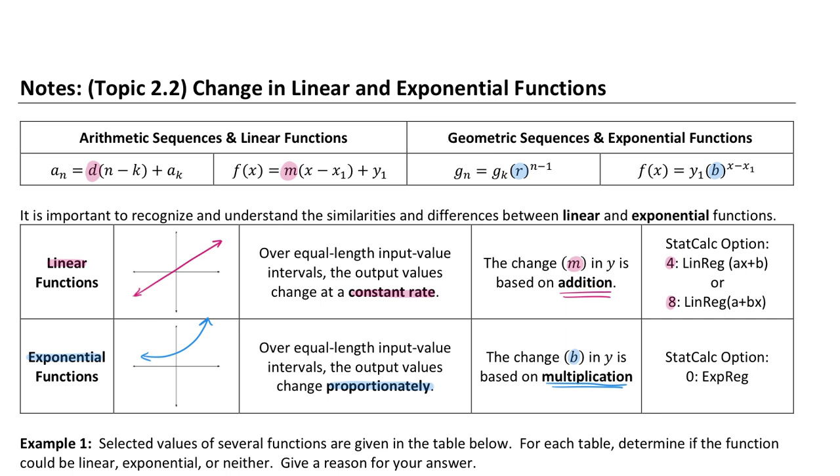Most of you figured this out when we went to the stat calc options last class during the flags game, during the classwork, that option 0 is for an exponential regression. So that's going to come in handy today.